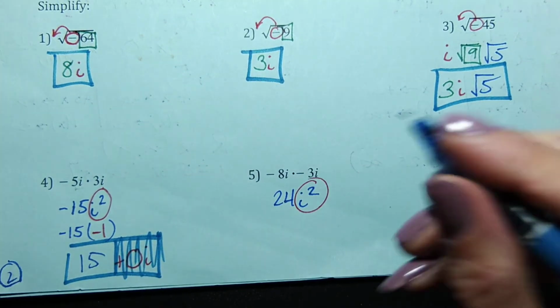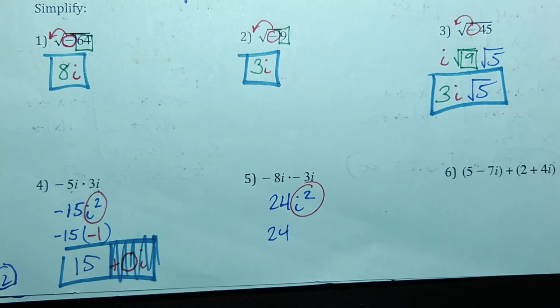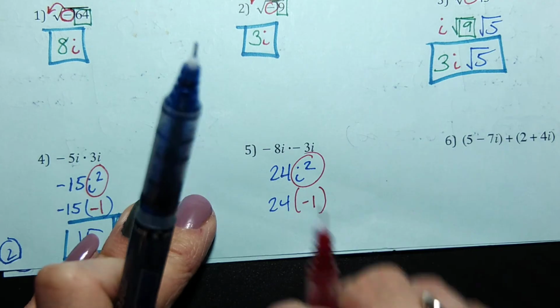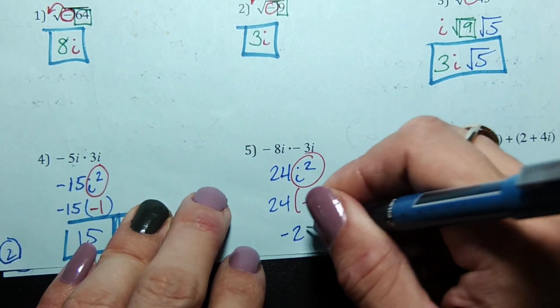My biggest advice on these is don't try to do too many steps at once. I always explicitly show turning that i squared into a negative 1 so that I don't get goofy with the signs.